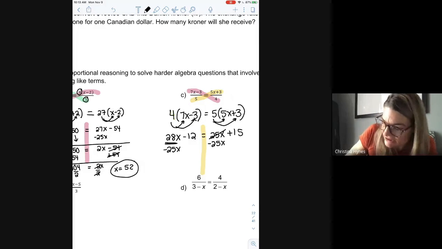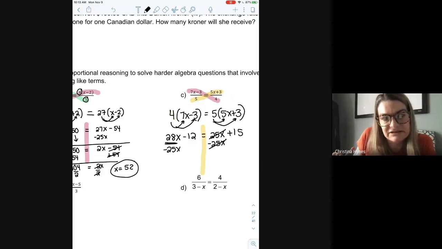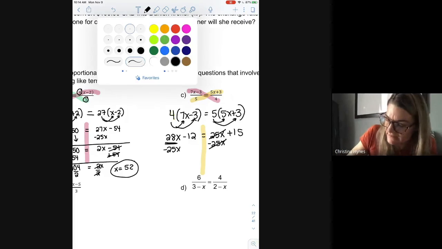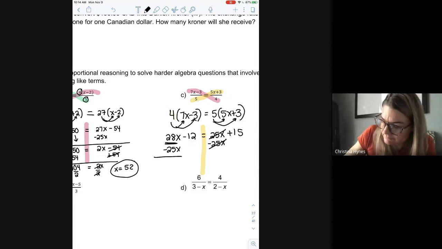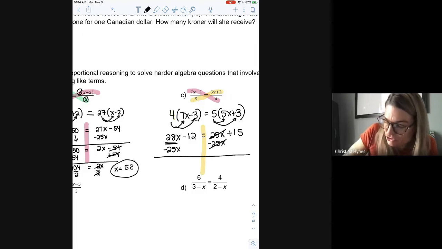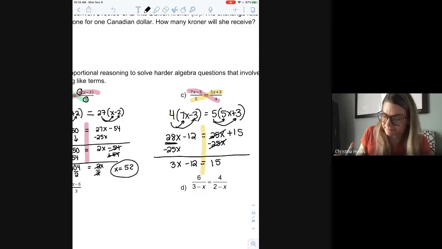These guys cross each other off because they're the same numbers but wrong sign, right? And then we have 28x take away 25x, which would be 3x minus 12 equals +15.